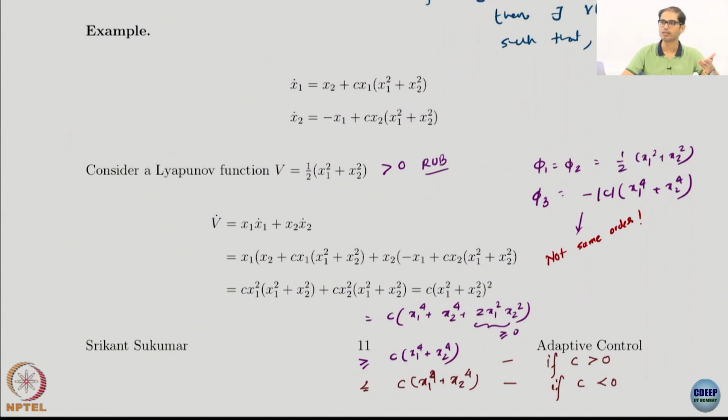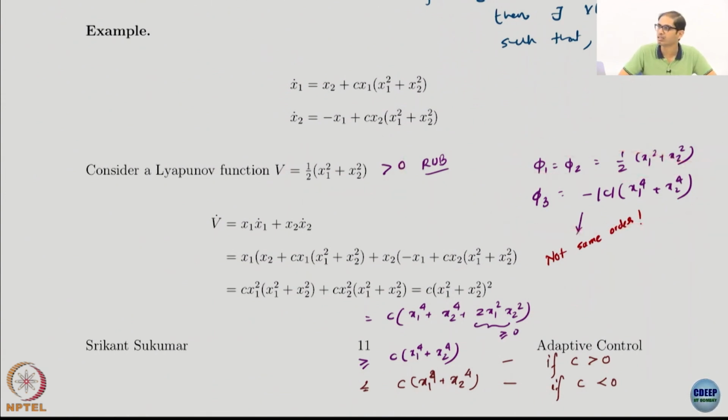Remember this is not exponential stability, because our class K functions here were of this kind and the class K-infinity function here is of this form, x1 to the 4 plus x2 to the 4, basically it is higher order. If you remember, for exponential stability we need three same order class K or class K-infinity functions. In this case for the V I have one kind of class K-infinity function, and for the V dot I have another kind.